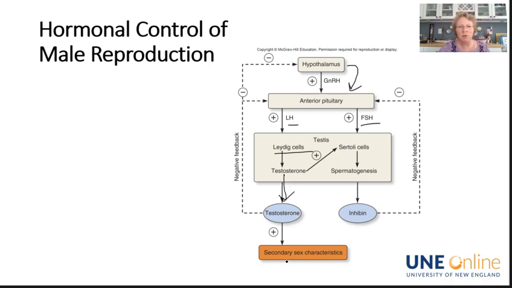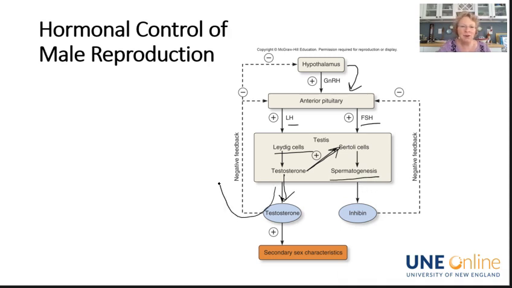Testosterone then will work on secondary sex characteristics as well as stimulate the Sertoli cells. Sertoli cells are the support cells for the developing sperm, so increasing their activity increases the rate of spermatogenesis.